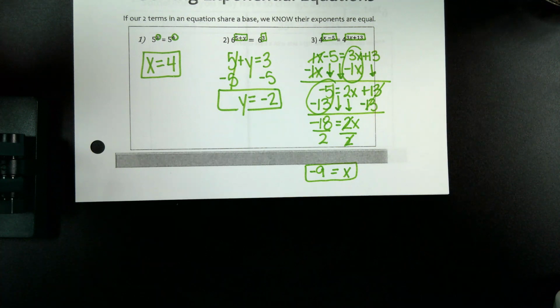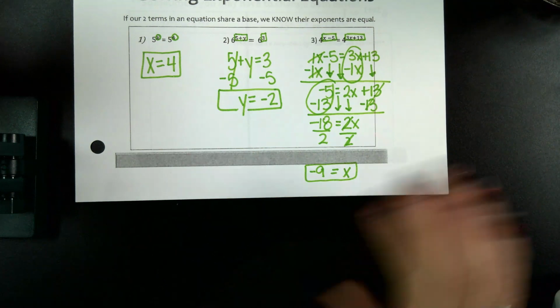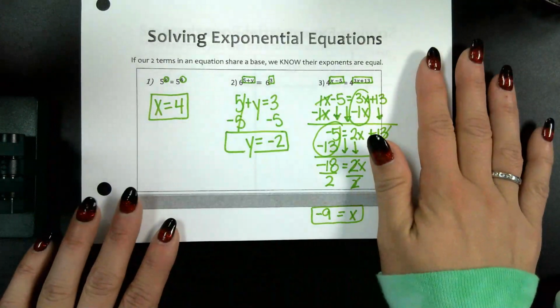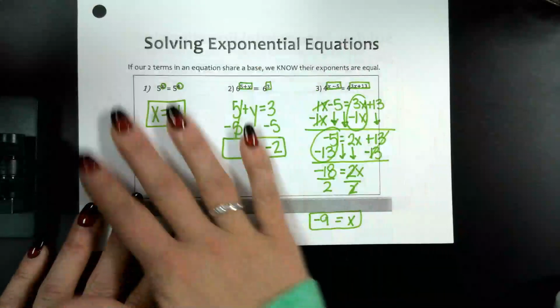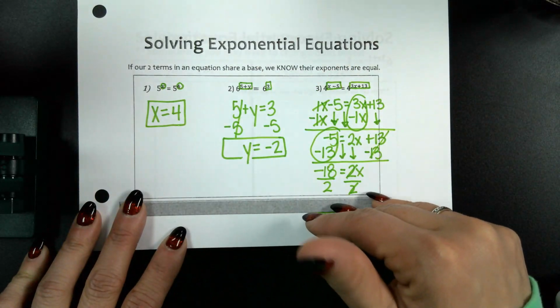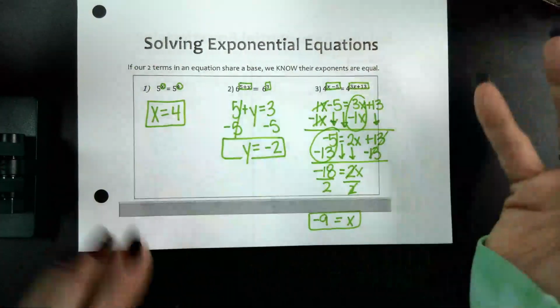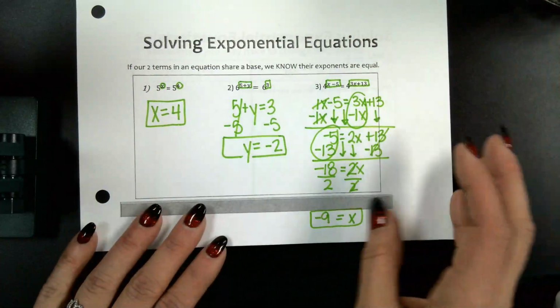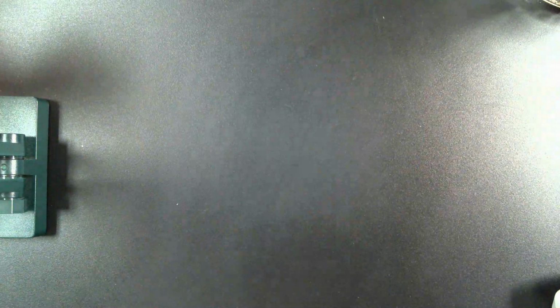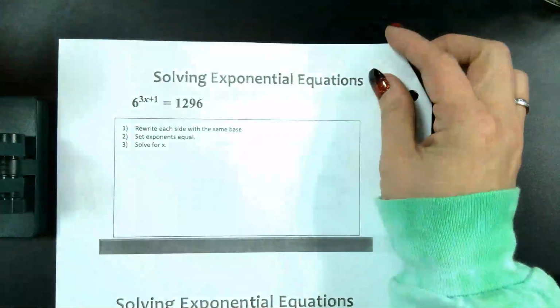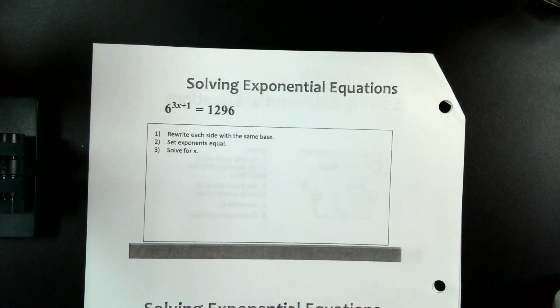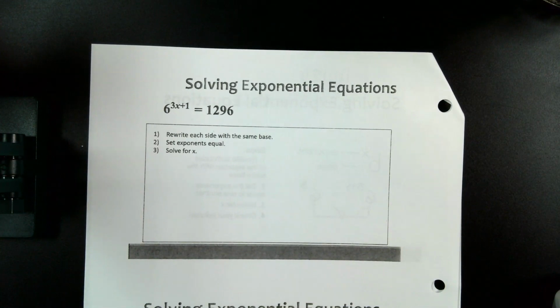However, I can almost guarantee that if there's an exponential equation on your final, it is not going to be one of these, because like I mentioned before, these are easy because the bases are already the same. When we test you, we want to make sure that you understand how to change one of the bases or both of the bases to make them match.